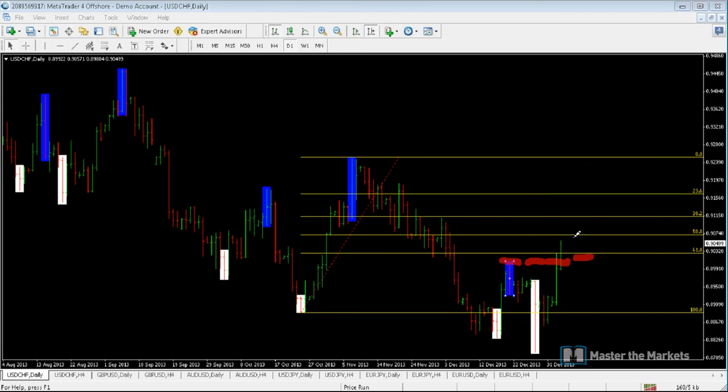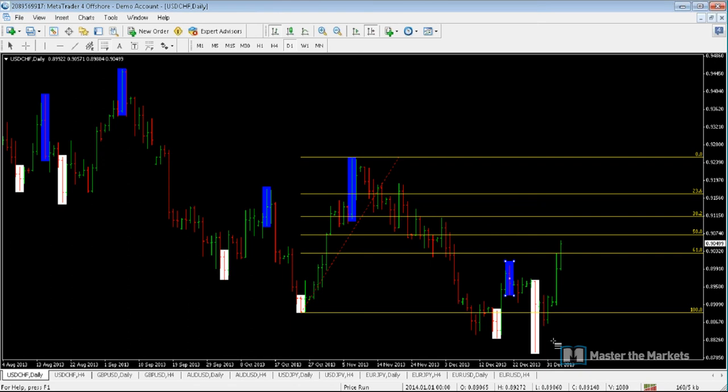And so because we've had a break of that swing high, technically speaking, we now have an upward trend on the dollar Swiss. So what that means for us in terms of a price run is that now that's step one fulfilled for us. That's the first criteria for the price run, a break of the last swing high in a downward trend. And now what we're looking for really here is a pullback to a 50% Fibonacci level.